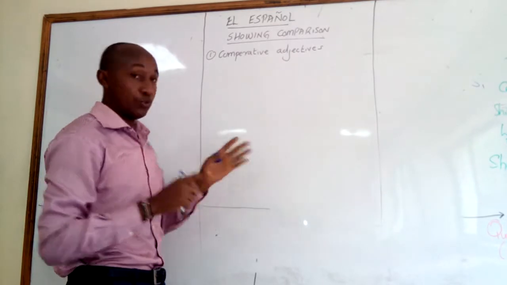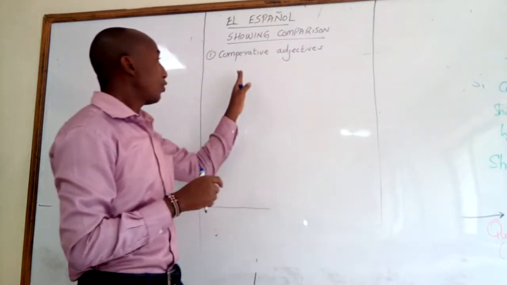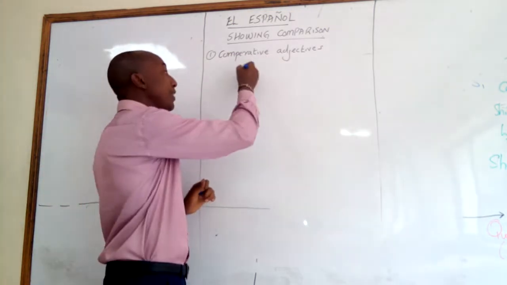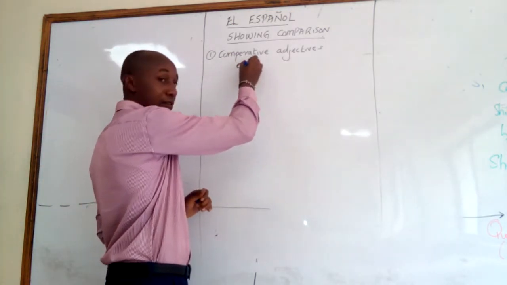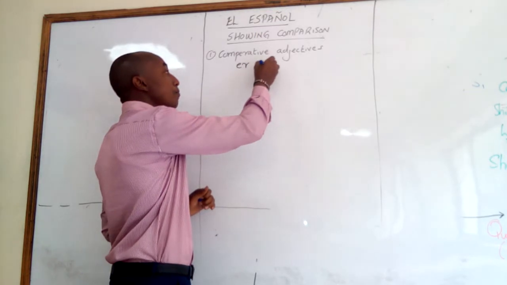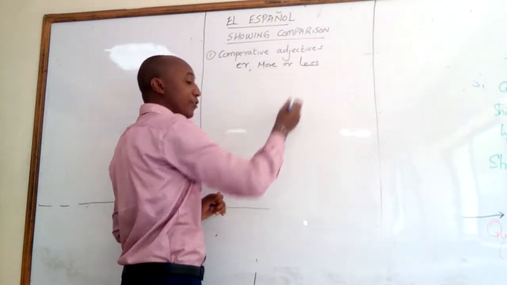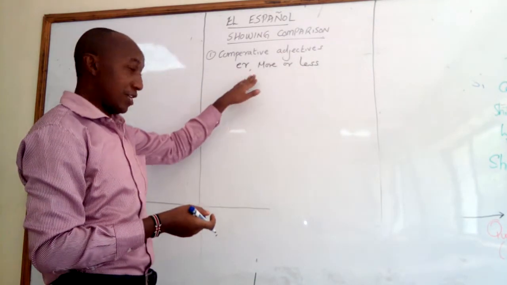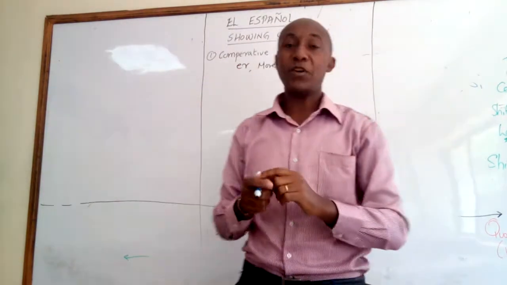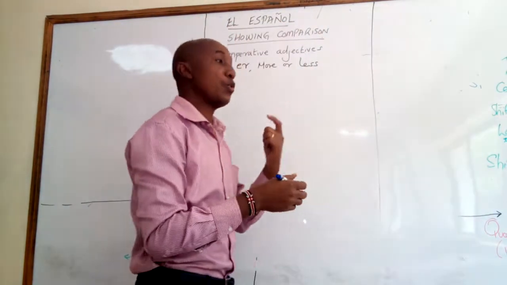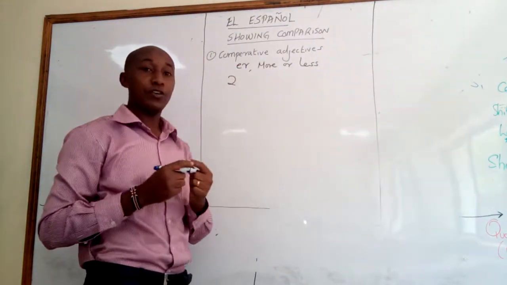So let's start with what we call the comparative adjectives. In English, these are the ones that end with er or have more or less before the adjective. These are usually used to compare only two things.